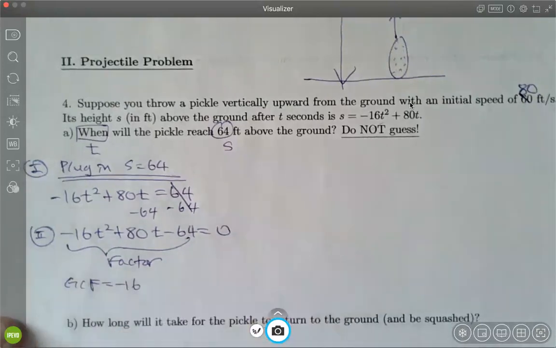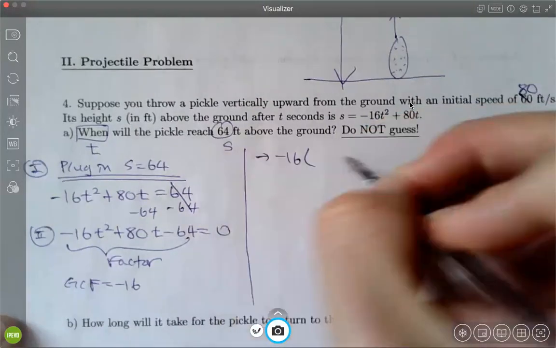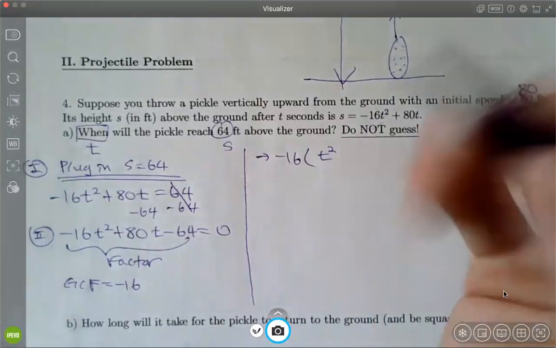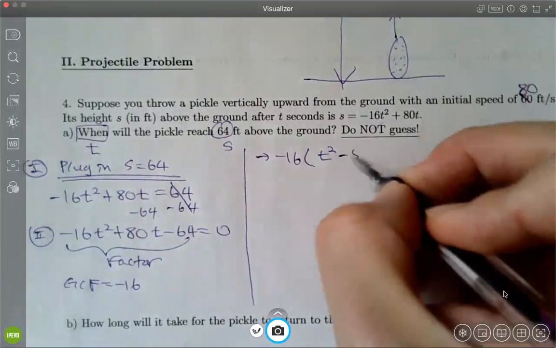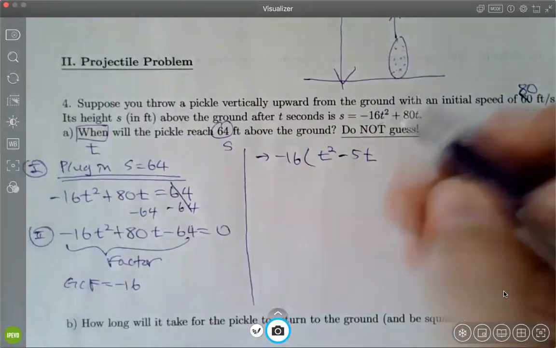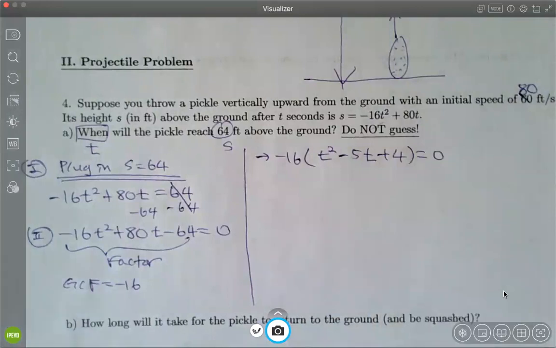So you have negative 16 times what? T squared, and then you have plus 80t, but when you pull out the negative 16, you have minus 5t, right? And then from negative 64, when you pull out negative 16, it's plus 4, right? Equals 0. Now, can you factor even further, especially here?